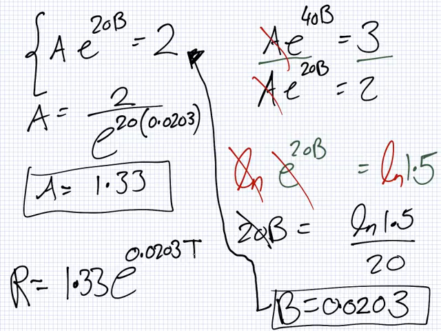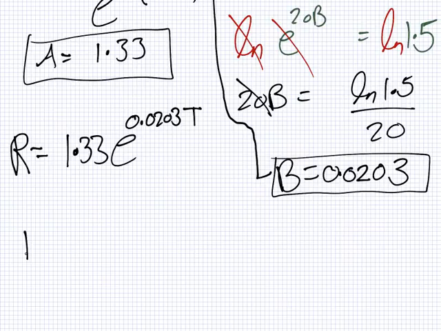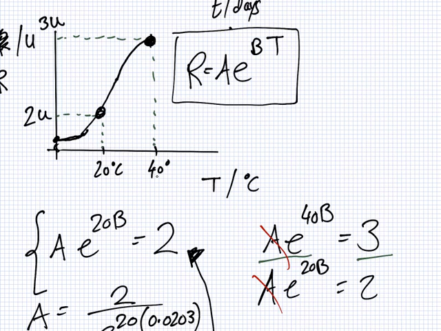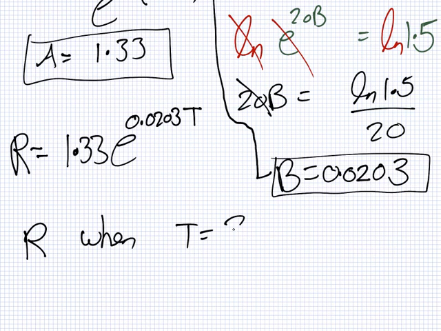So for example, as a really quick question, tell me what the reaction should be when the temperature is 30, given we have 20 and 40?